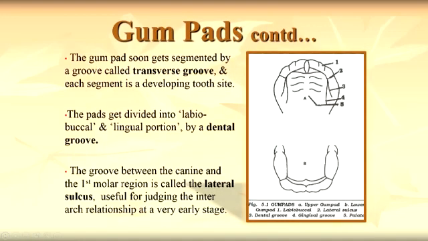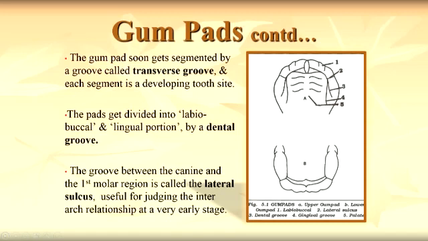The gum pad soon gets segmented by a groove called the transverse groove, as shown in this picture, and each segment develops on two sides. The pads get divided into labiobuccal and lingual portions by the dental groove.